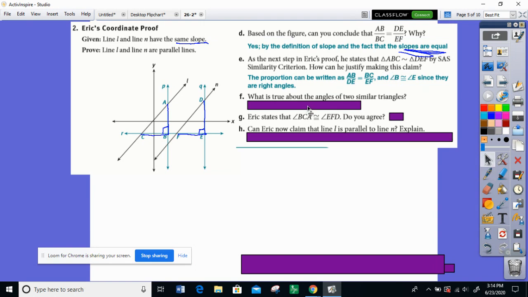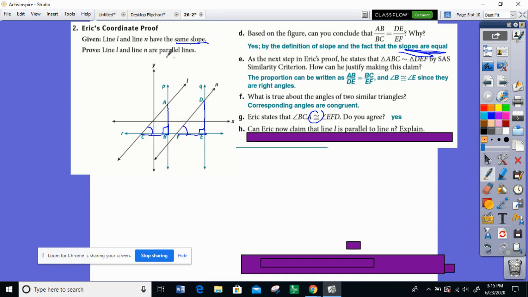What is true about the angles of two similar triangles? Well, we know that corresponding angles are congruent. So now we've got angle BCA. Is that a corresponding angle with angle EFD? Yeah, those angles are corresponding, so that means that the corresponding angles have to be congruent. So let's go ahead and mark that those angles are congruent.